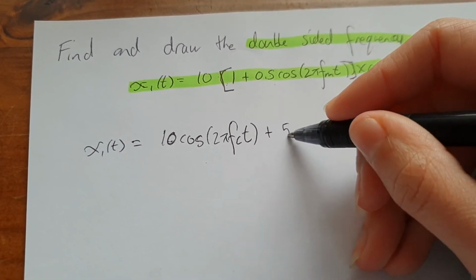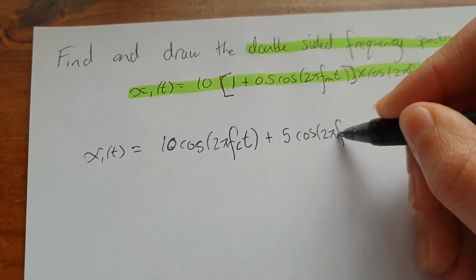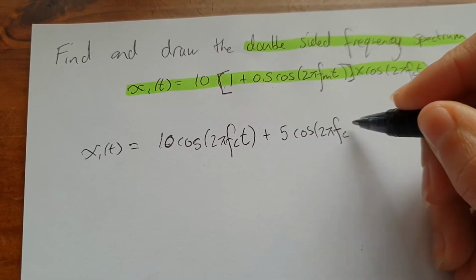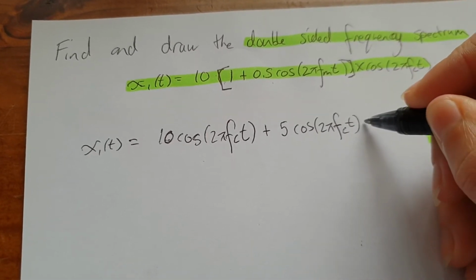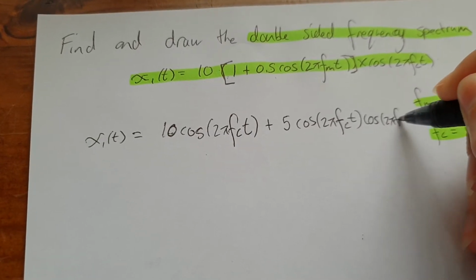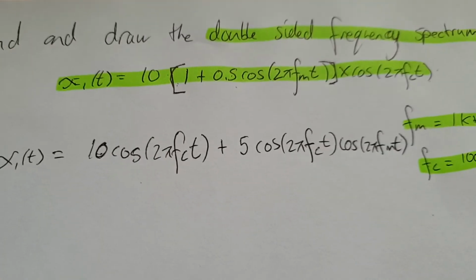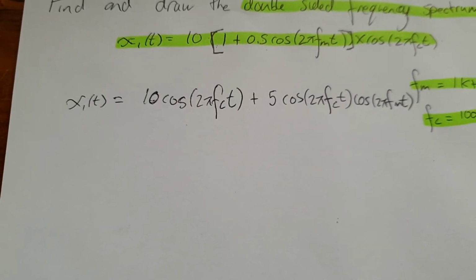So we have 5 cos 2 pi fct cos 2 pi fmt. Bit crowded there, but there we go.